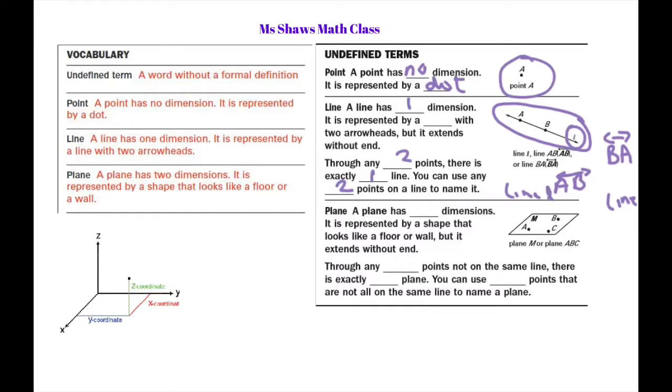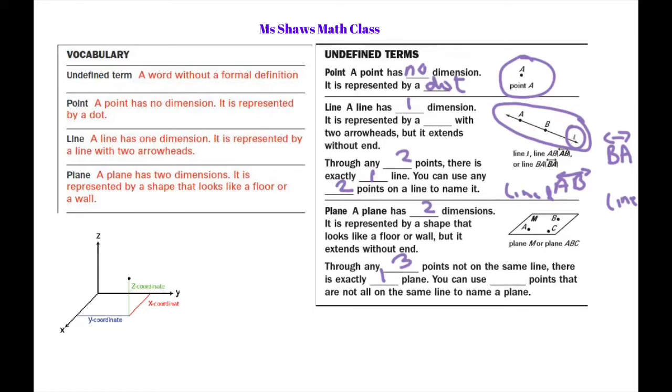All right. A plane has two dimensions. It's represented by a shape that looks like a floor or a wall, but extends without end. Through any 3 points not on the same line, there is exactly one plane.